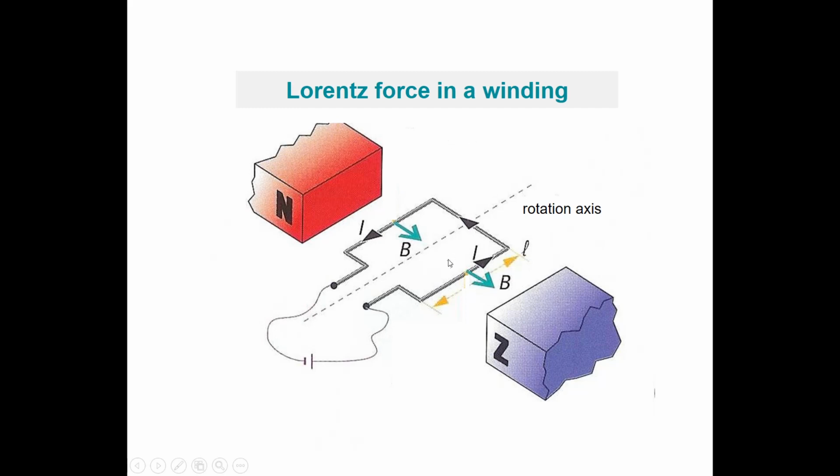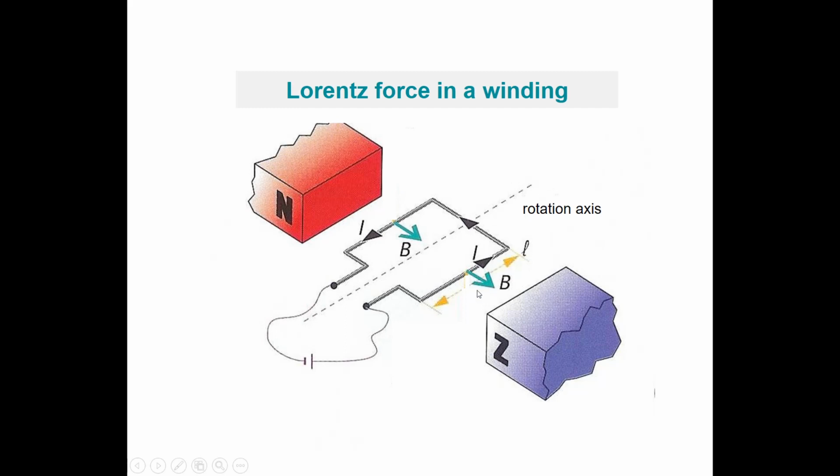Now let's have a situation in which we have a winding over here connected to a DC voltage, and due to the DC voltage source a current is flowing in this direction, and that winding is placed in a magnetic field. We see the North Pole and the South Pole. So we have magnetic field lines in this direction, and due to that magnetic field and that current, a Lorentz force is applied to this winding, and this is my rotation axis.